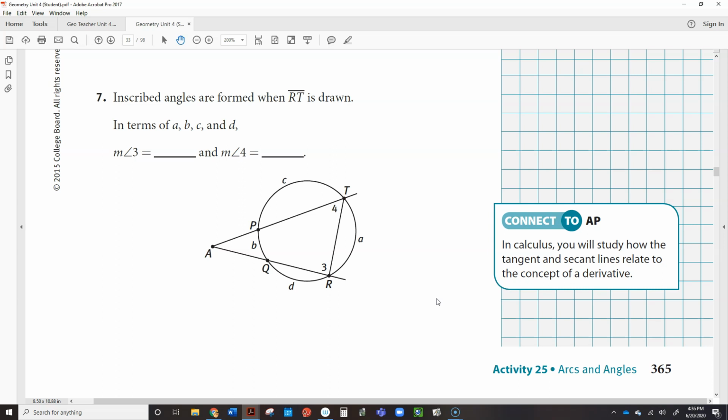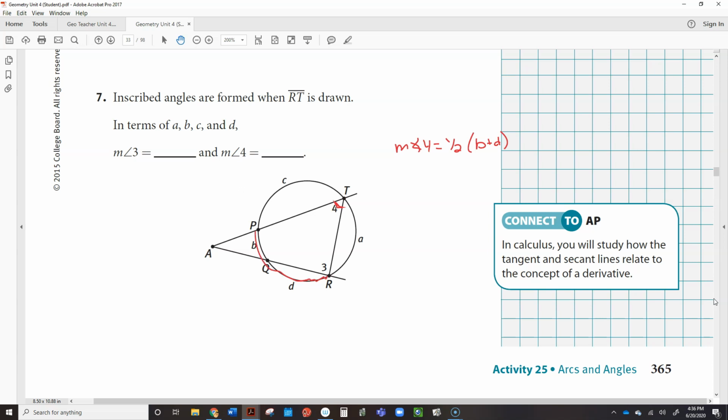Inscribed angles are formed when RT is drawn. Yep, we've got angle 4 right here is inscribed. And the arc that goes along with angle 4 is this one right here. So the measure of angle 4 is going to equal 1/2 B plus D. Not because I'm supposed to add arcs together, but that's the intercepted arc for this angle right here.